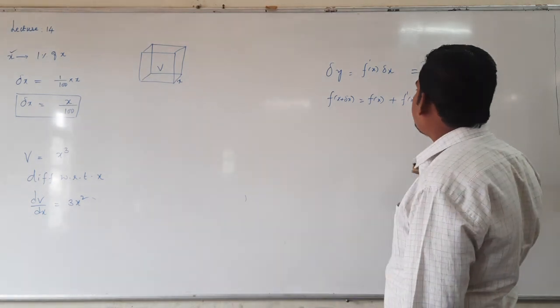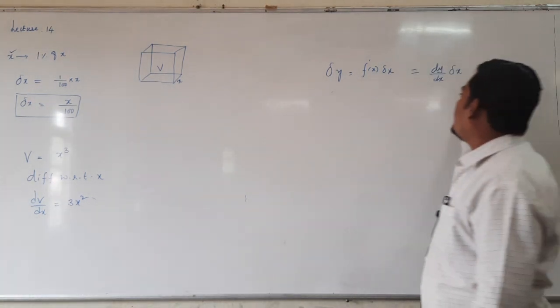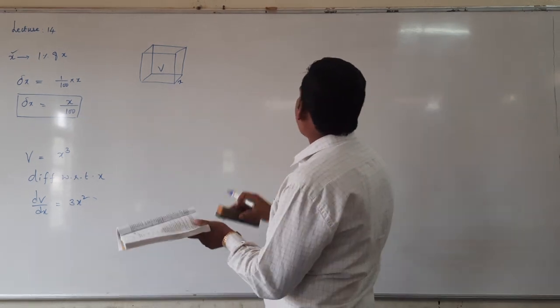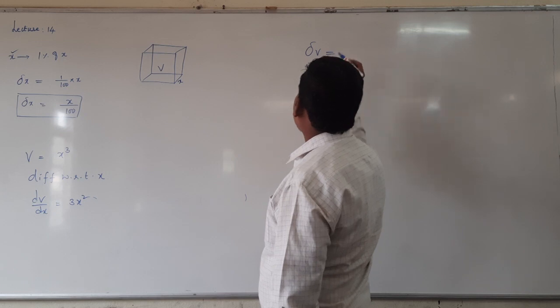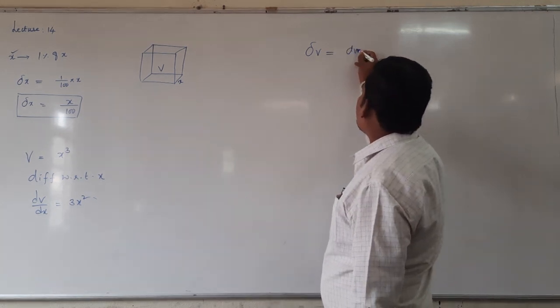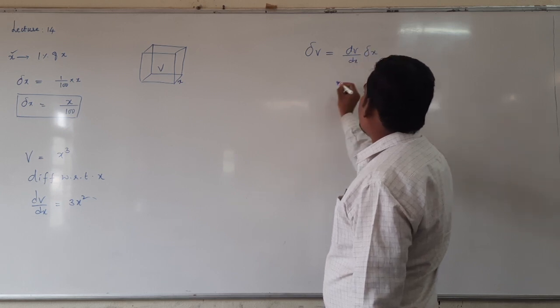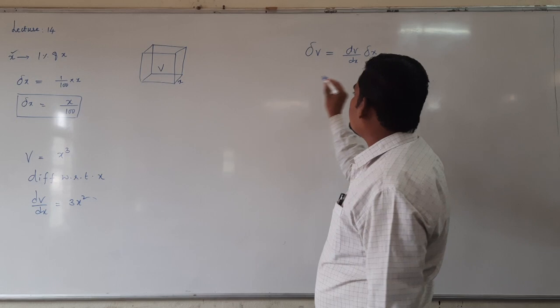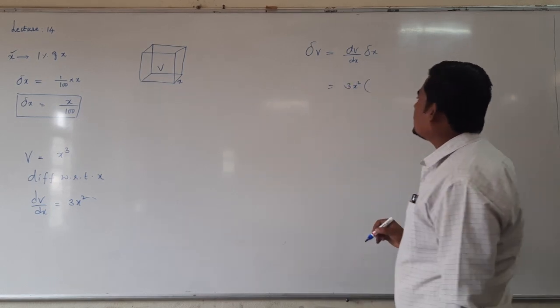In this case, use this formula. We need change in v, not change in y. We need change in volume, so the notation is delta v is equal to dv by dx into delta x. What is dv by dx in this case? That is 3x square into what is delta x here?